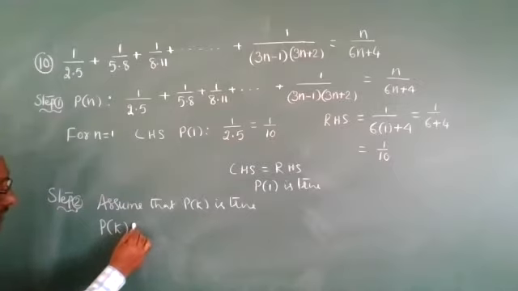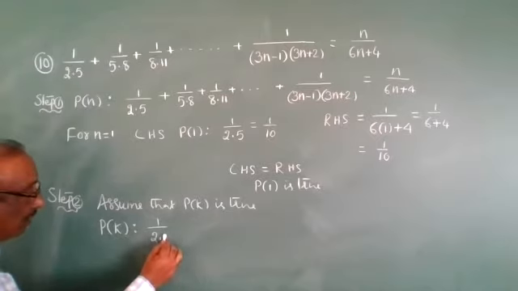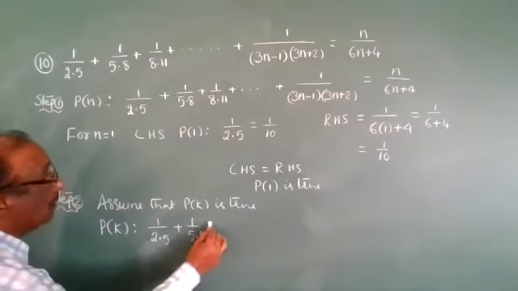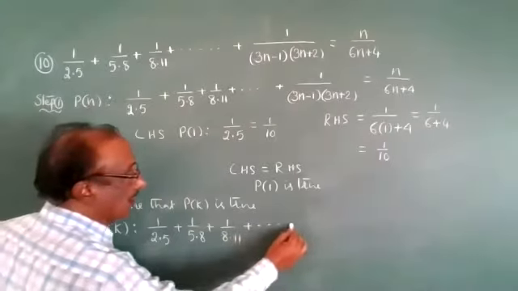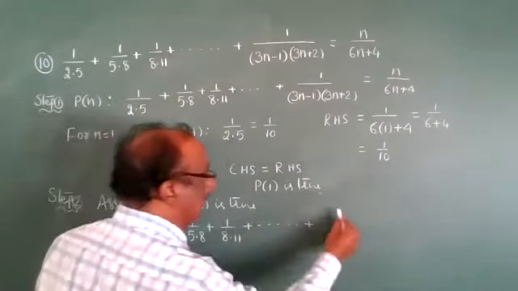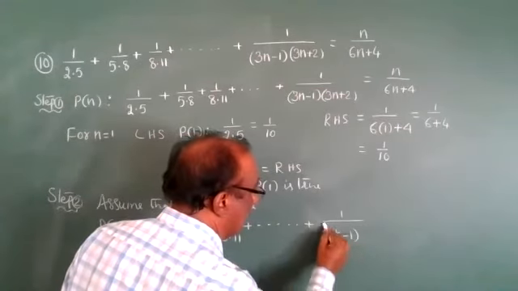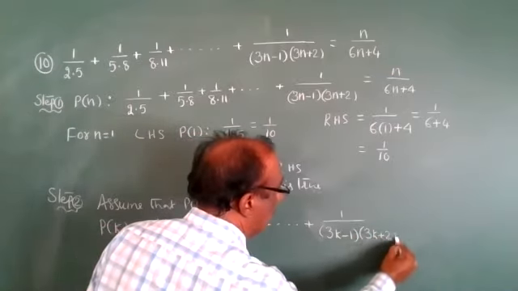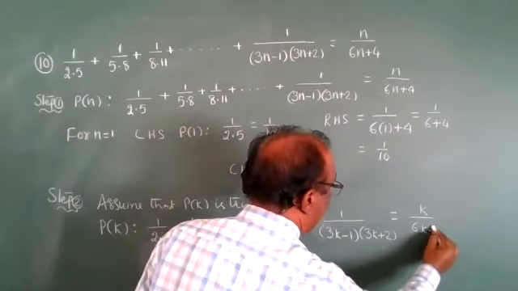First number is 1 by 2 into 5, second number is 1 by 5 into 8, third number is 1 by 8 into 11, and dotted. The kth number, not the nth number, is 1 by (3k minus 1) into (3k plus 2) is equal to k by 6k plus 4.